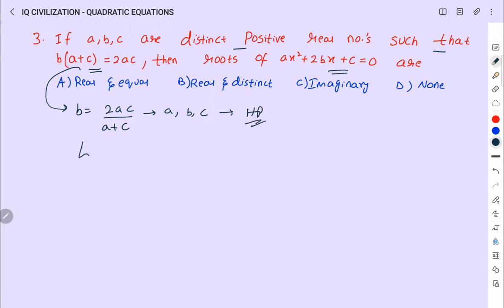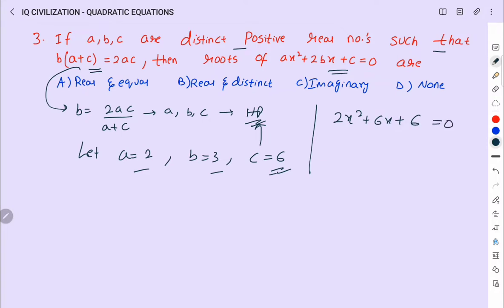Okay, I'll take a value 2, b value 3, and c value 6. Why did I take only 2, 3, 6? Because for that condition, this one only satisfies for this HP. Now the equation given is 2x square plus 3x plus 6 equals 0.